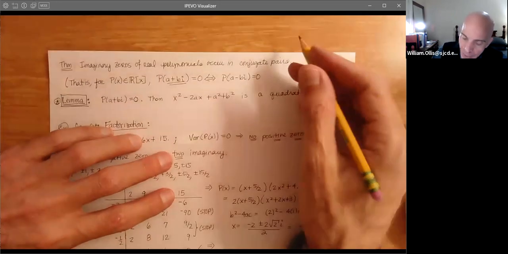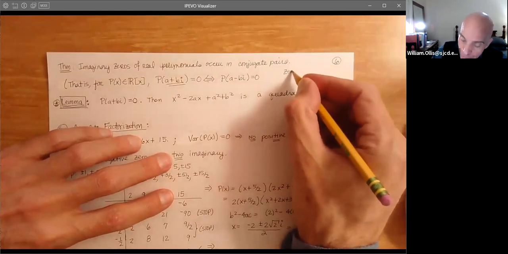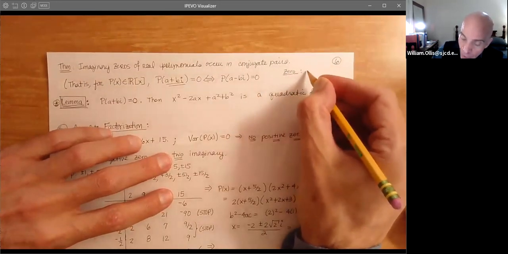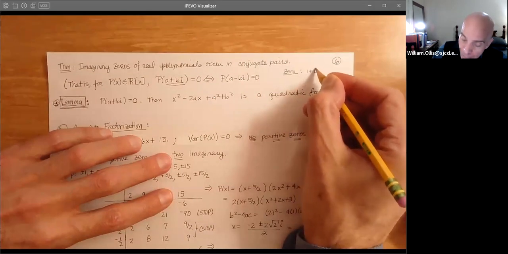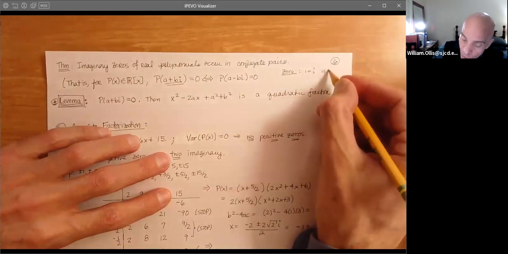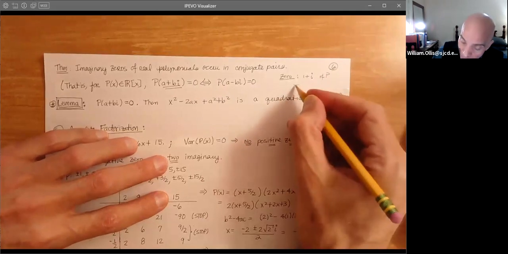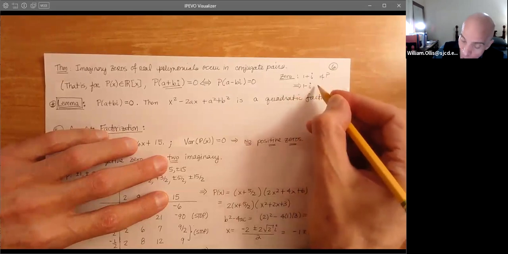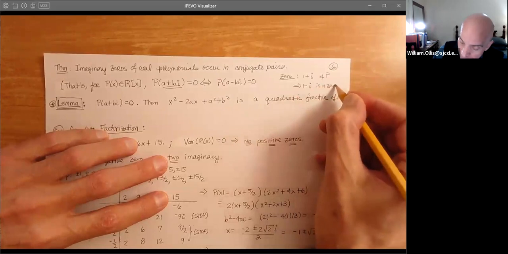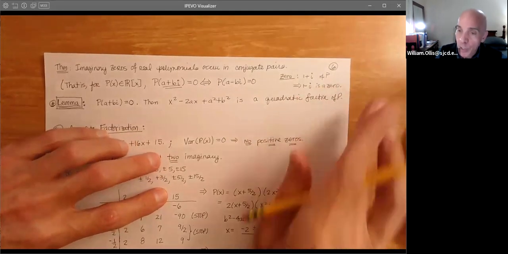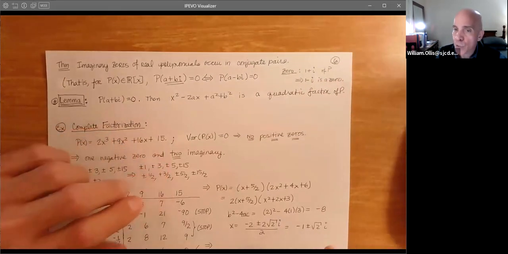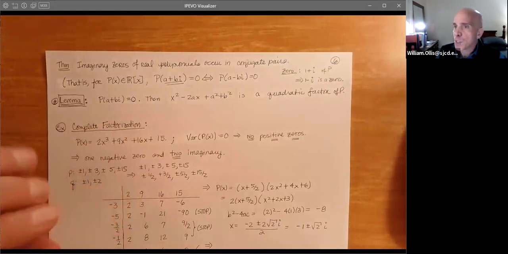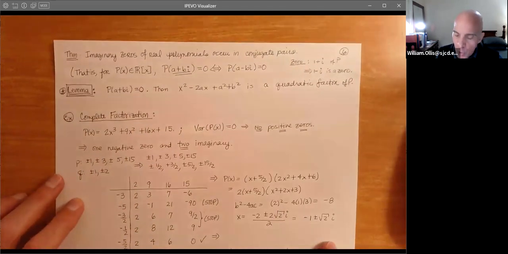So if I tell you that you have a 0, in this case, 1 plus i of p, where p is a real polynomial, then this implies that 1 minus i is also a 0. So again, when you have complex conjugate pairs, you have some really nice theory on your side.